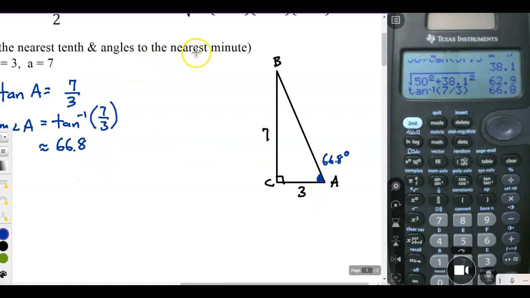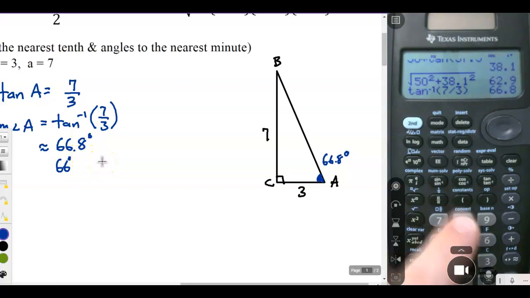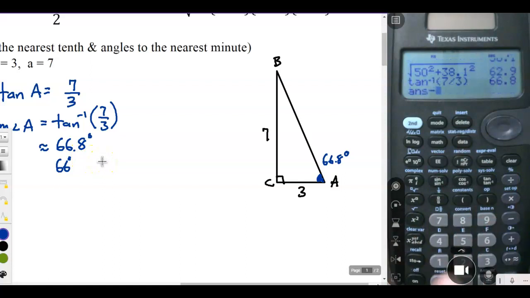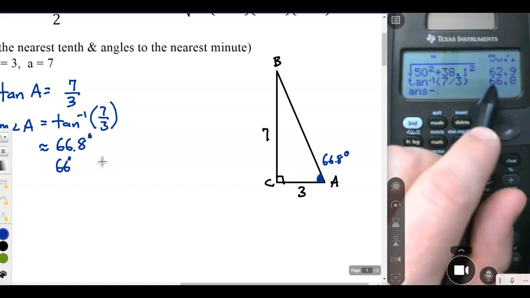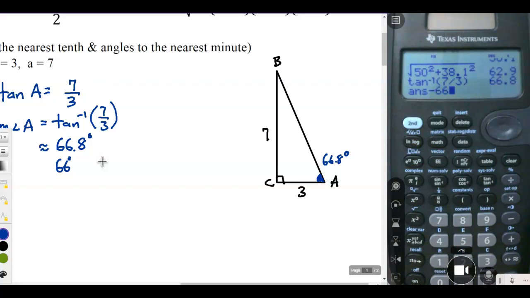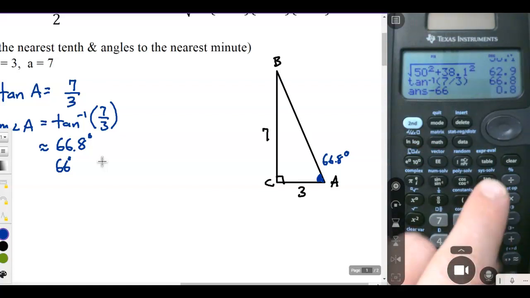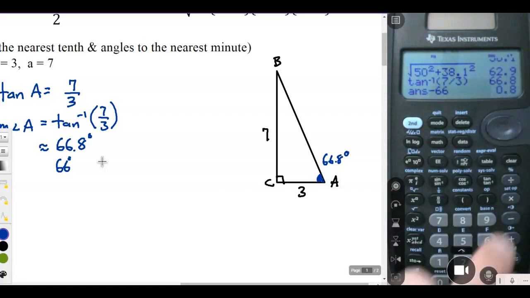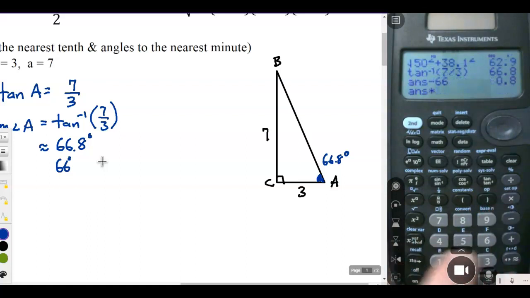All right, and it does say round to the nearest minute, so we do need to convert this to 66 degrees. And the 0.8, how many minutes is that? Basically, what's 80% of 1 hour of 60 minutes? So on my calculator, what I do is I subtract off the whole number. In this case, it's 66. So minus 66. And then I can multiply the decimal part by 60.